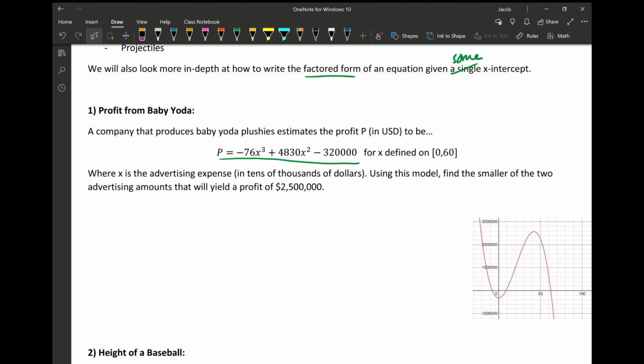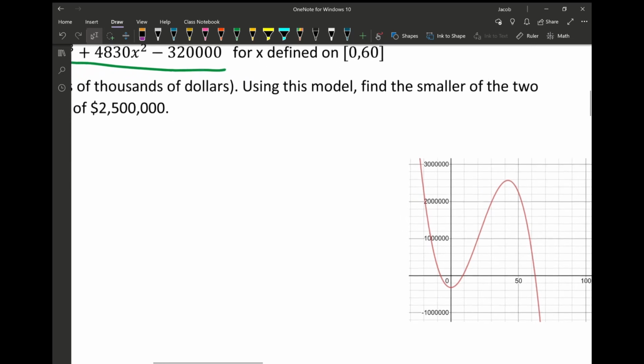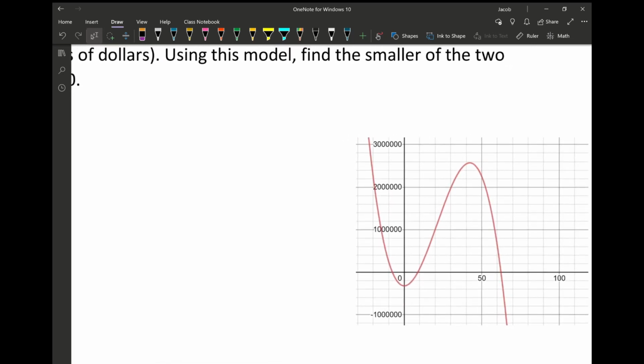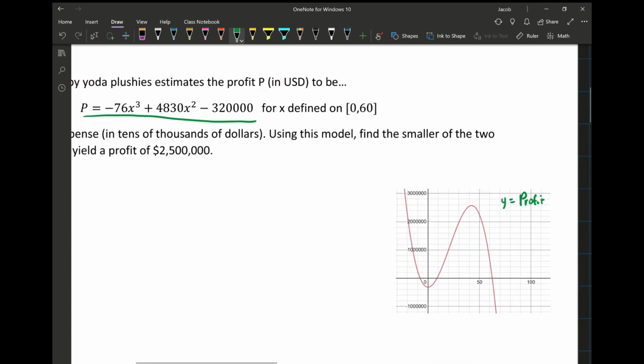So here we have a little graph, and if this is representing profit, the y values are profit, and the x value is how much money they're spending on advertising.